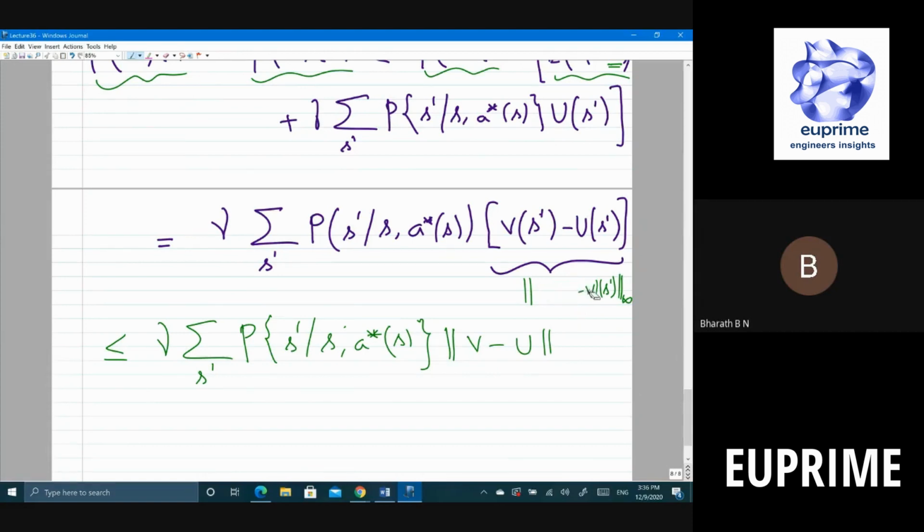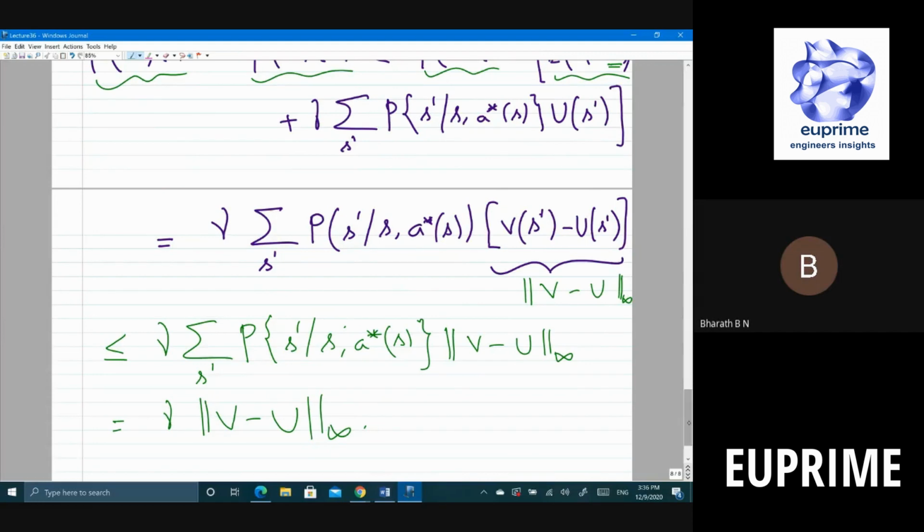I don't need this, right? So I can think of it as a vector and look at the infinity norm. What is this? V minus U infinity norm doesn't depend on S dash, so I can pull this out of the summation. But if I sum over all S dash the probability of S dash given something, that is 1, right? Because it's a probability. So you'll get this. Do you agree? Is that fine?